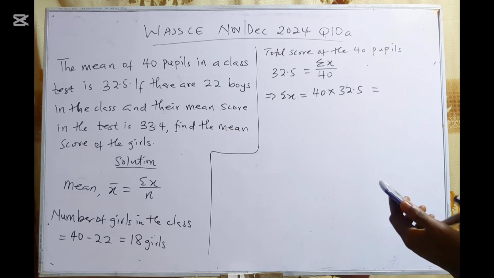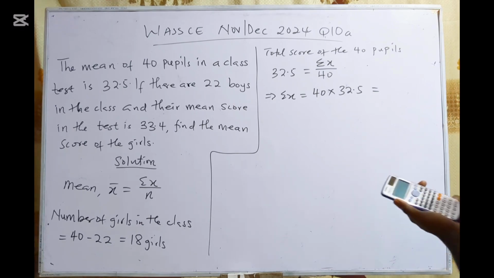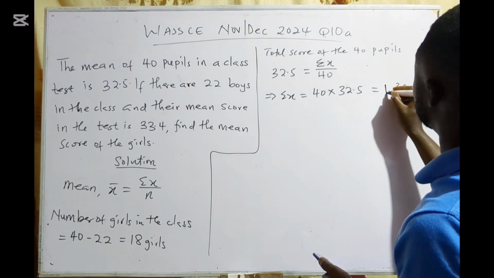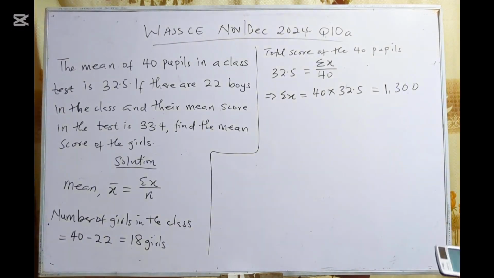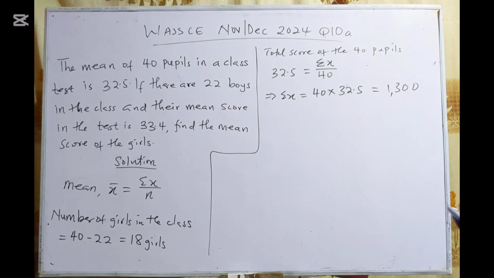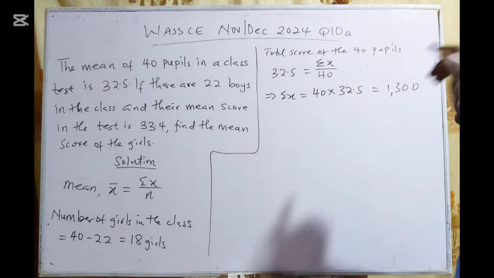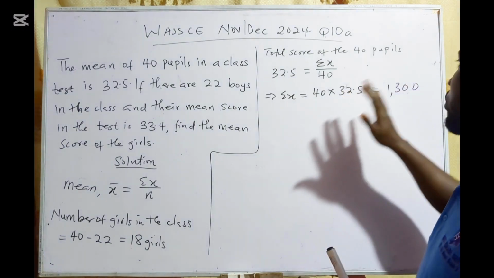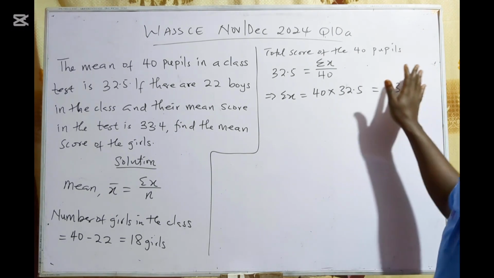So 40 times 32.5, and that will give us 1,300. So 1,300 is the total score of the 40 people. So now we have gotten the total score of the 40 people.